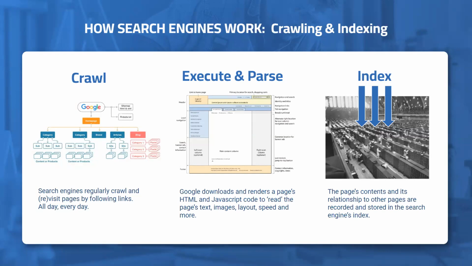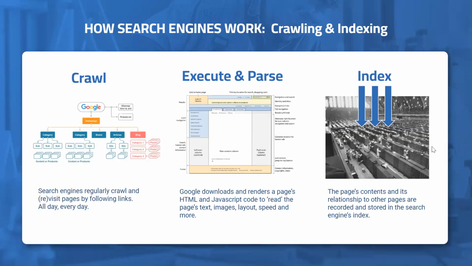It's very similar to the old card catalog system in the library, just a lot more powerful and a lot more information. All of this is done so that Google and the search engines have the information that's necessary to match a search query with pages that are relevant and match that informational need.